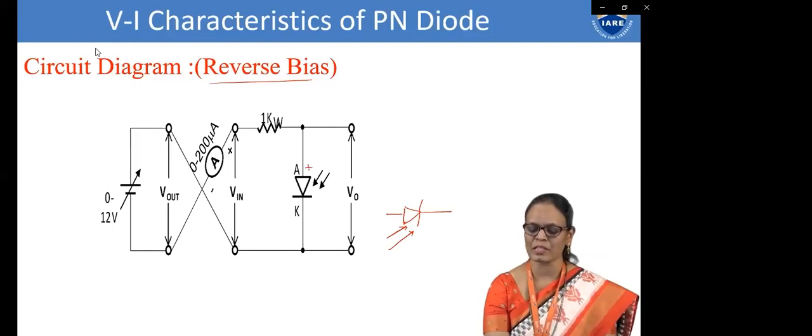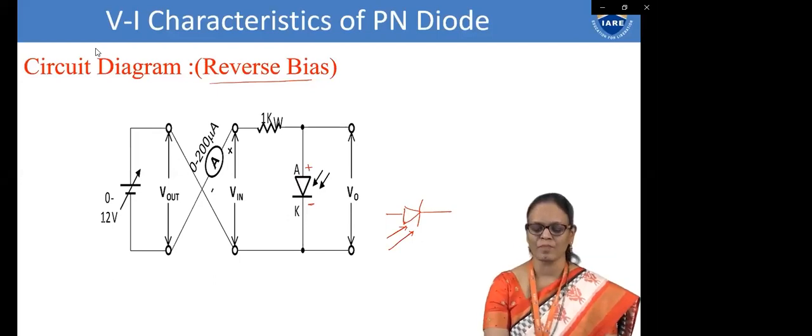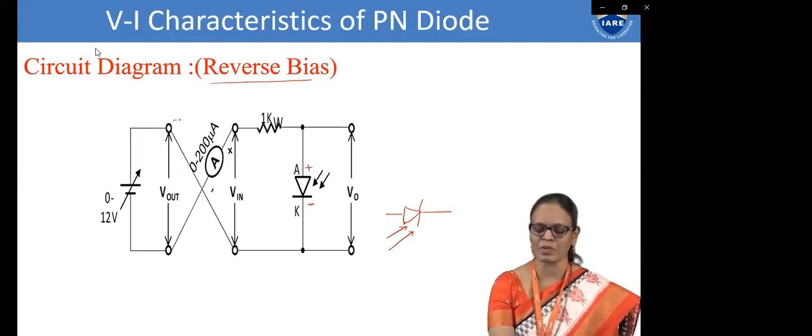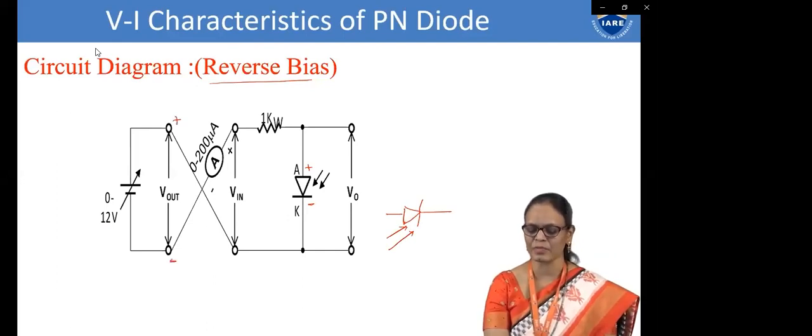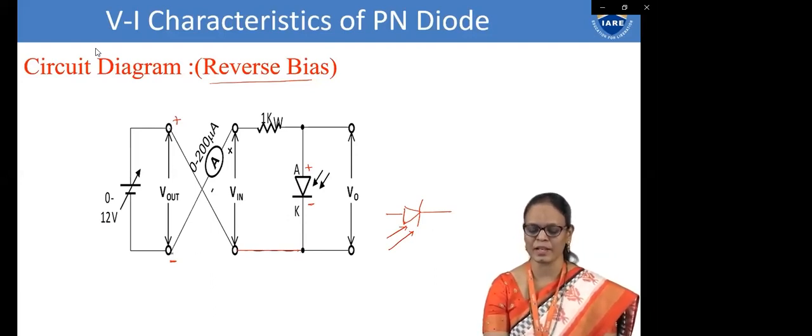This is the symbol of the photodiode, where this is the positive and this is the negative. How are we connecting this photodiode in the circuit? The positive of the power supply is connected to the negative of the photodiode, and the negative is going to the positive.